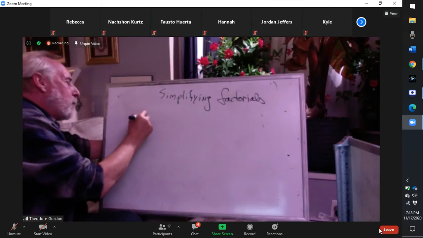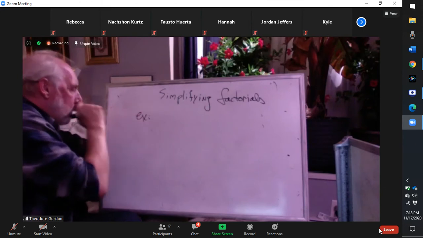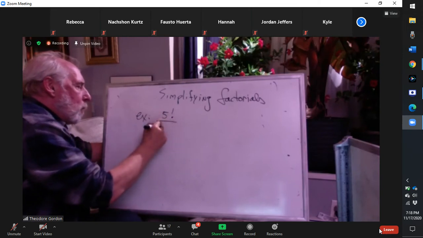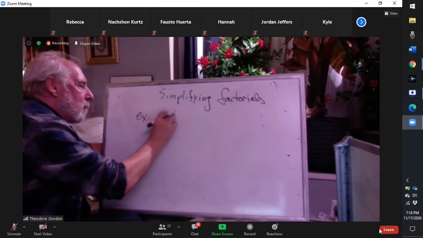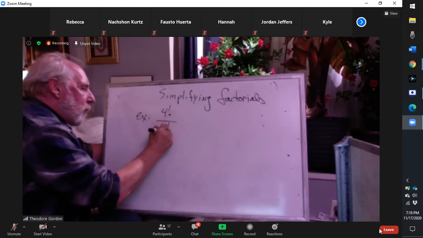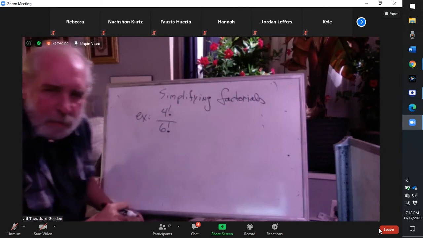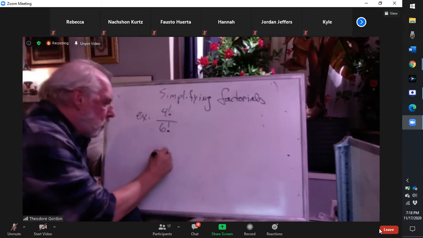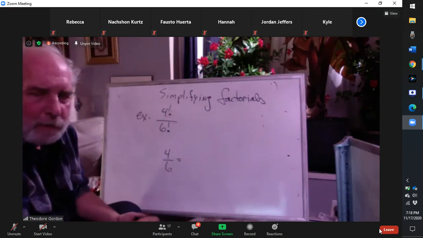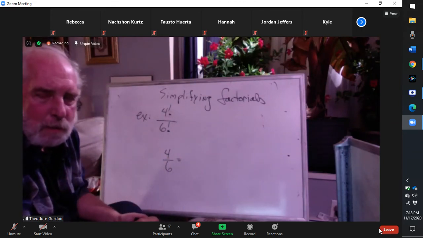So if we do, for example, 5 factorial over, no, I don't want to do that, change my mind. Let's do 4 factorial over 6 factorial. Now, ordinarily, if we just had that fraction, what does that fraction simplify to?